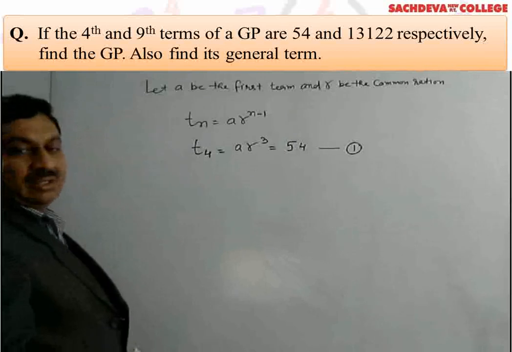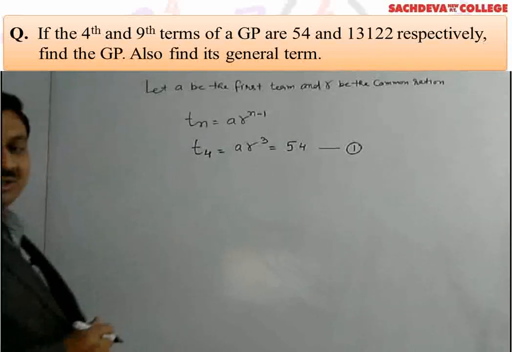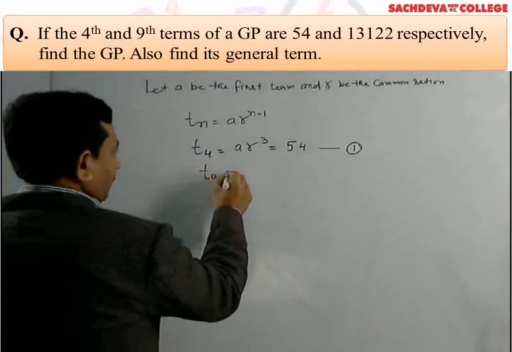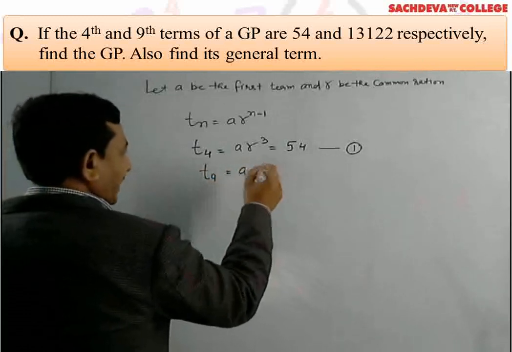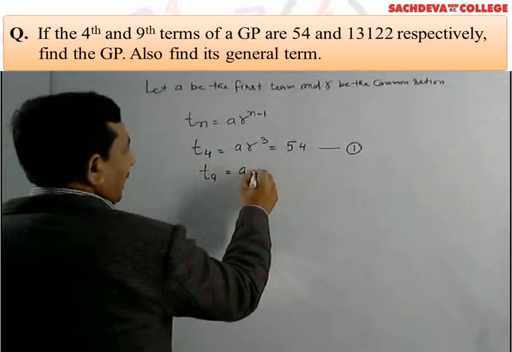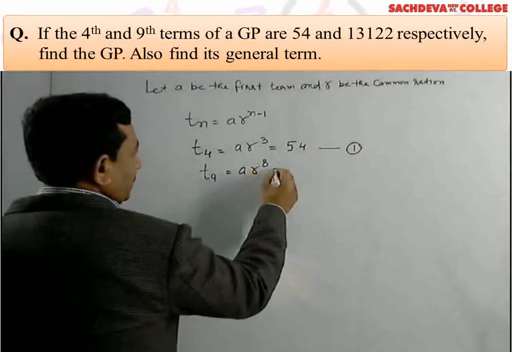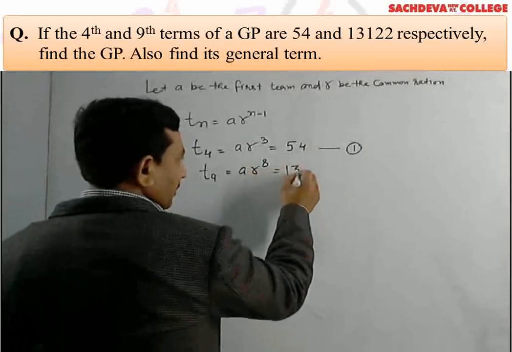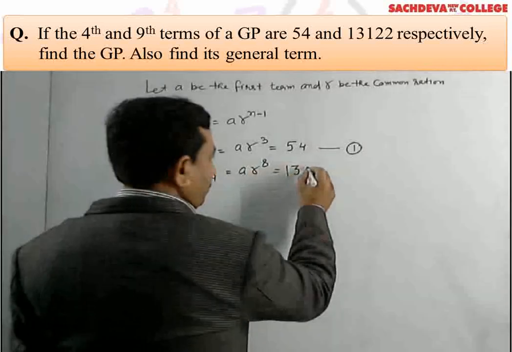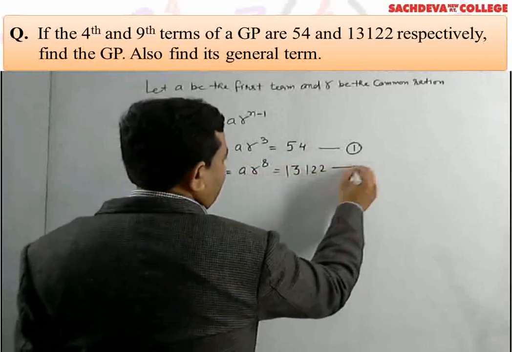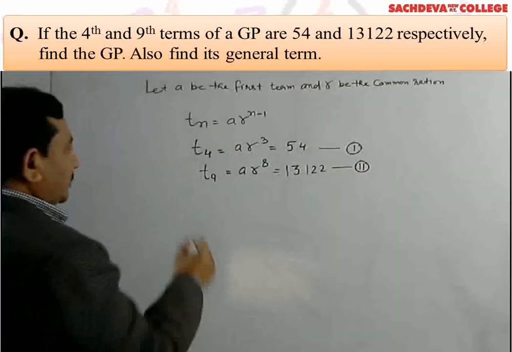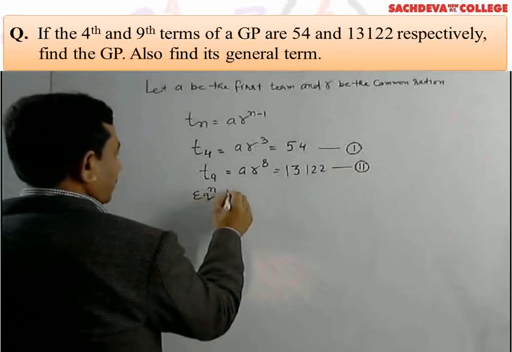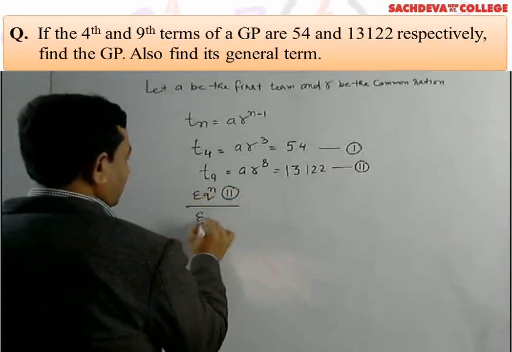And given that the ninth term is 13122, it means T9 will be equal to AR to the power 9 minus 1, it means AR to the power 8 is equal to 13122. This is equation number 2. So divide equation 2 upon equation 1.